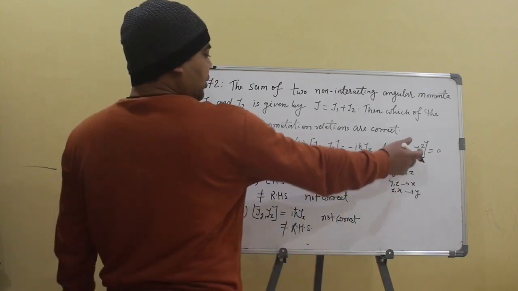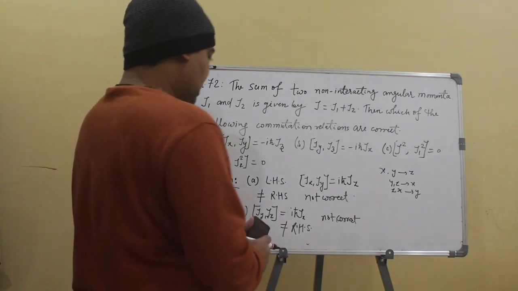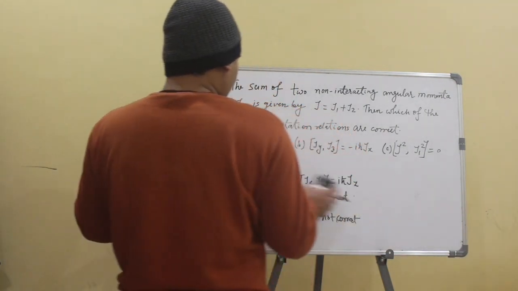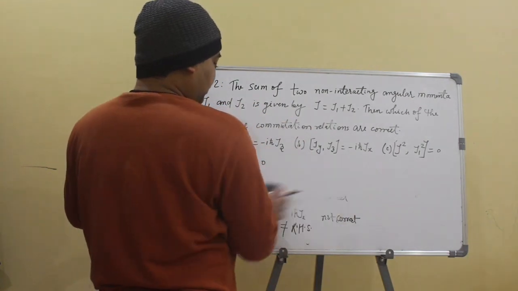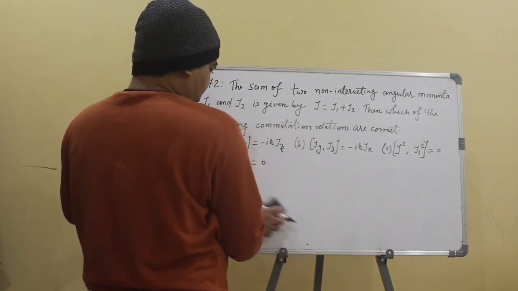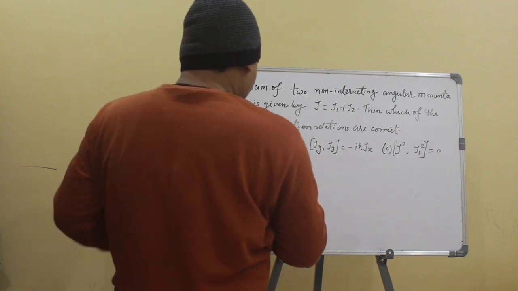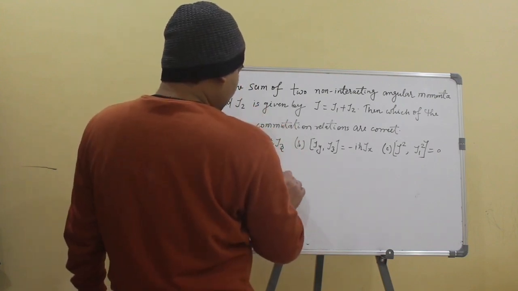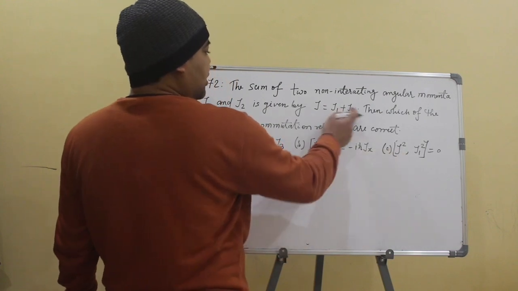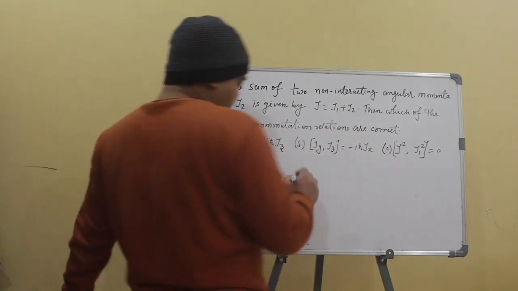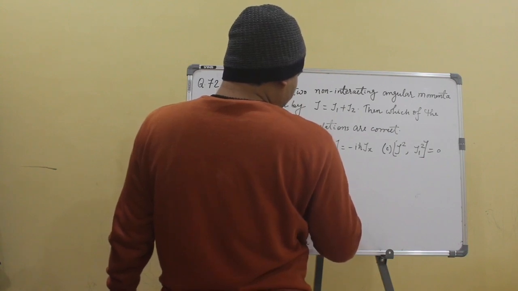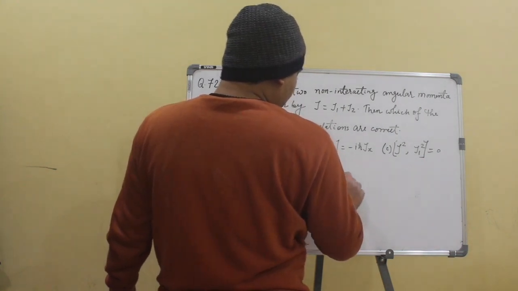Now let us go to the third one, which says [J², J1²] and [J², J2²]. Let us take the LHS for C. J is defined as J1 plus J2, so J² is nothing but (J1 + J2) whole square.